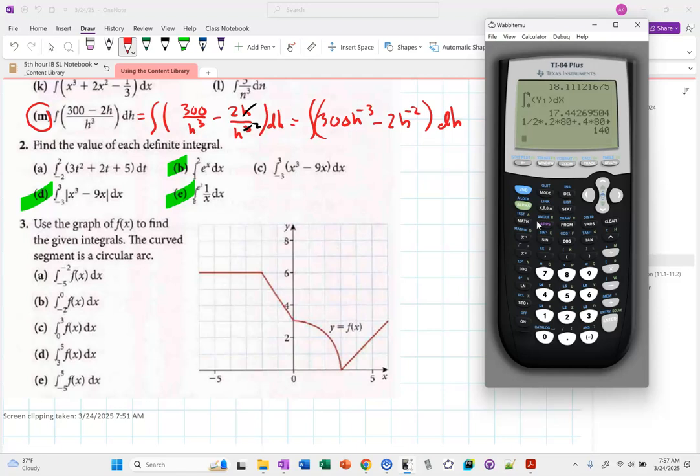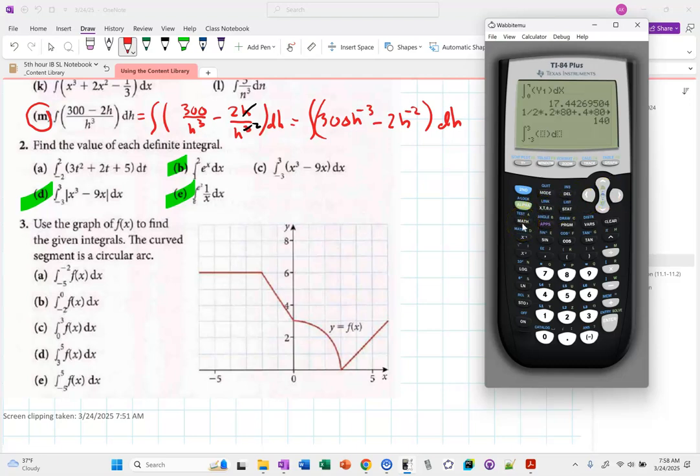So I'll do, like, Luca, let's say we do D on the calculator. Sound good? So I'll start by pressing math and then command 9 that says fnInt. And then I'm just going to try to type this in exactly the way it looks on my sheet of paper. So my bounds were -3 to +3.